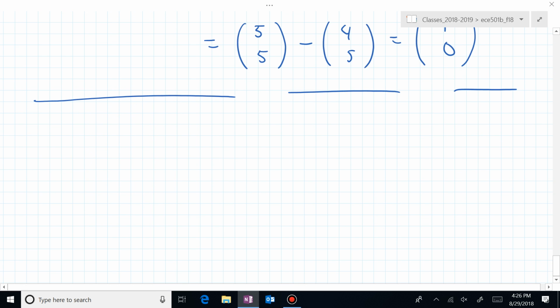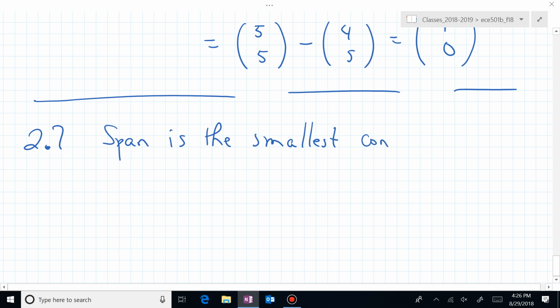So now let's look at what happens if we're given an arbitrary list of vectors. What does that produce? Statement 2.7 in chapter 2 says span is the smallest containing subspace.